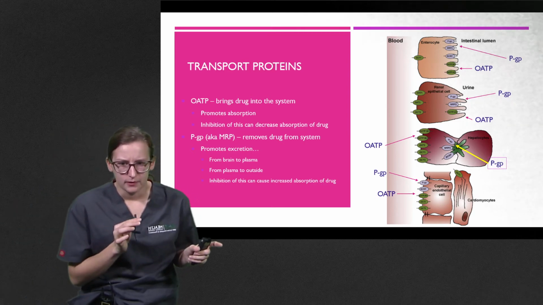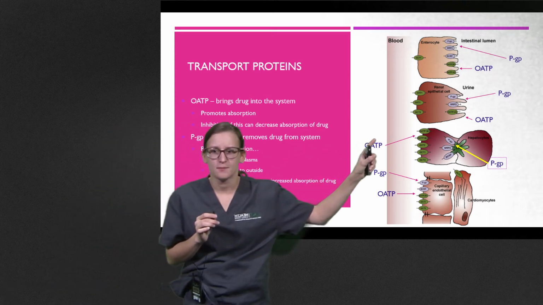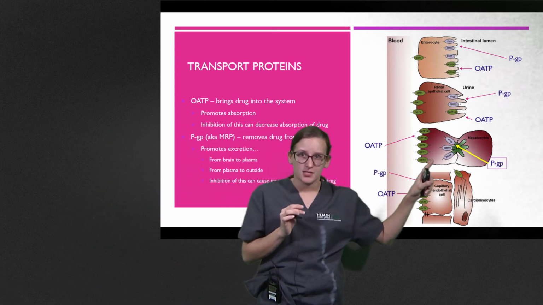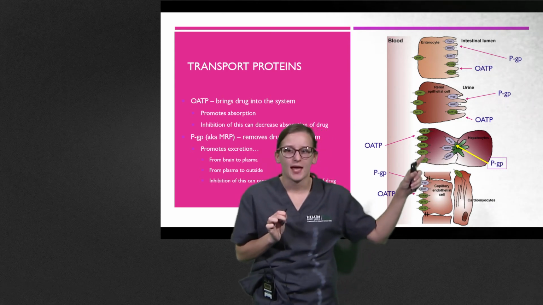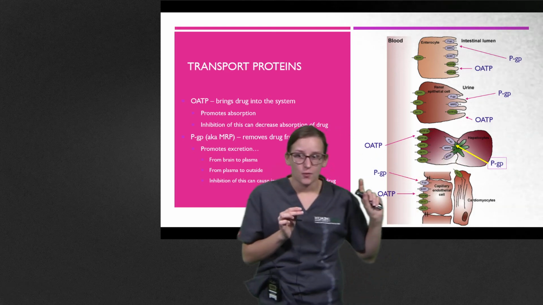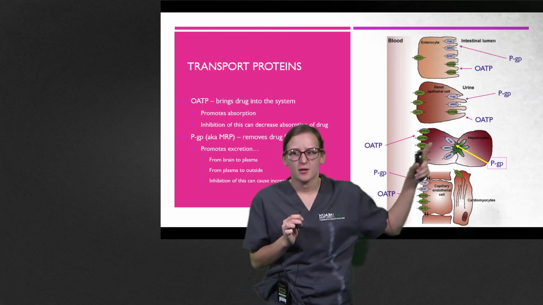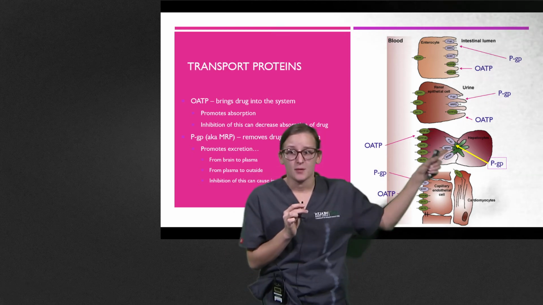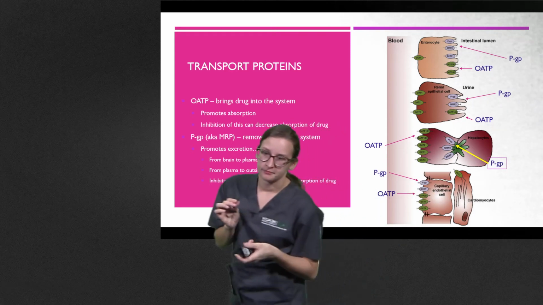Or maybe you already learned about it in genomics, but in these hepatocytes, OATP can push a drug into the cell, but PGP will push it out, not out of the cell, but into the bile instead. So what happens is a drug can get pushed into the liver through OATP, it can get metabolized somewhere around here, and then PGP will further push it out into the bile.